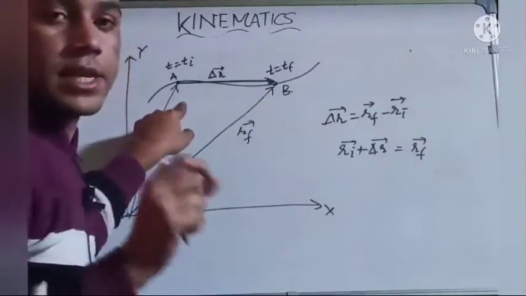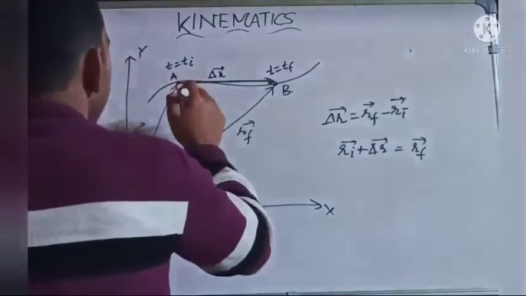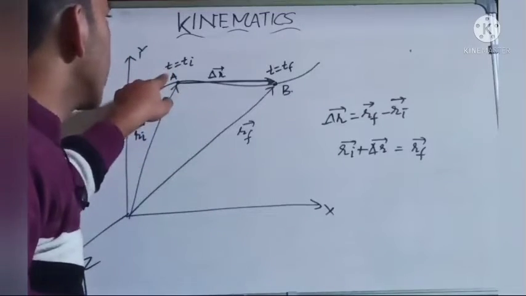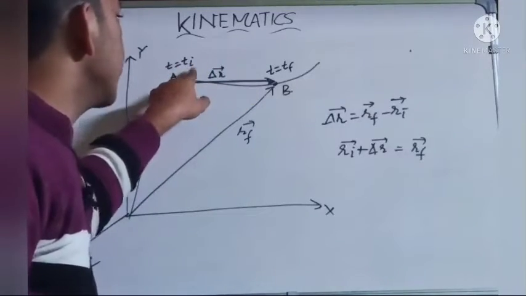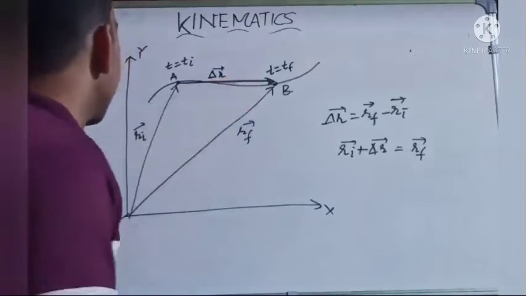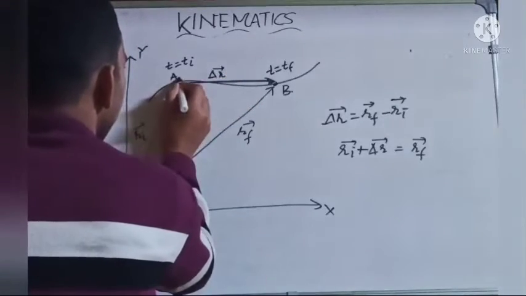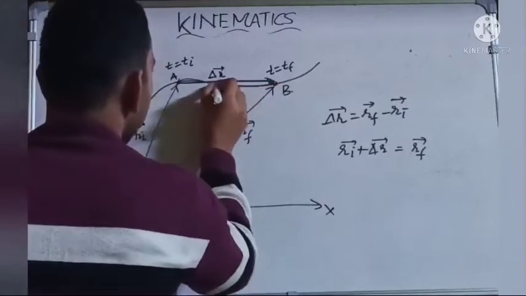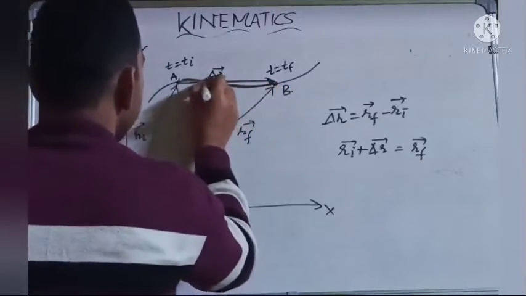If we are to find the distance traveled from time t equal to t initial to t equal to t final, then we have to find the actual length traveled, that is this whole length. We have to calculate this length.